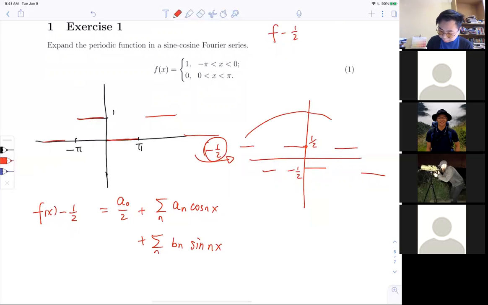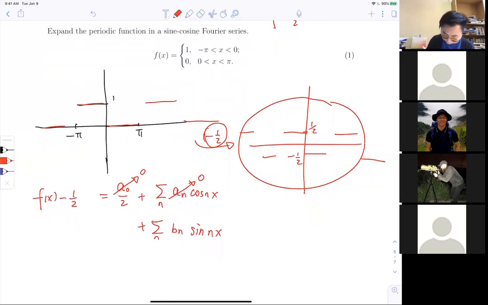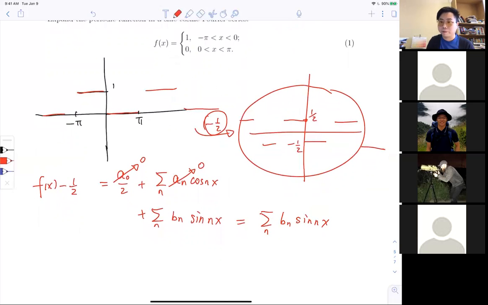This is an odd function, meaning that a naught is 0 and a_n is 0. So we only need to calculate b_n. Basically, the symmetry simplifies our life.